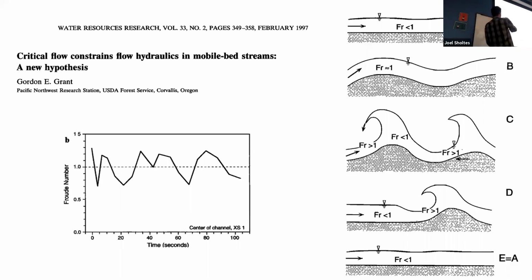Gordon Grant argues that a lot of rivers that are kind of steeper, that have mobile beds, will eventually create a slope, either through sinuosity or moving sediment longitudinally, will create a longitudinal profile slope such that it's oscillating between this Froude number of 1, critical flow depth, at a kind of channel forming type of discharge.